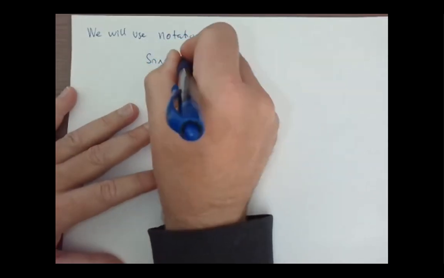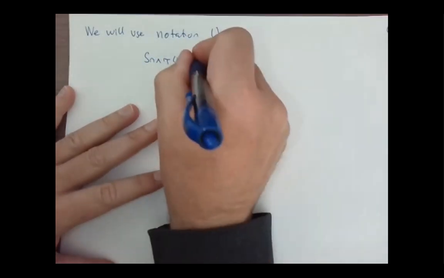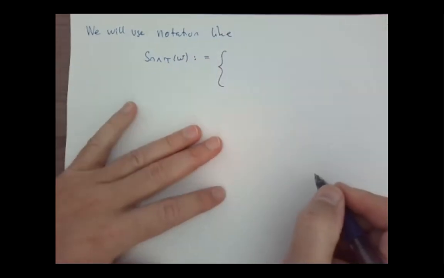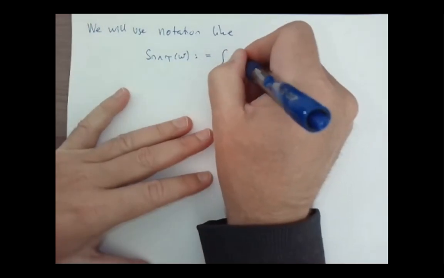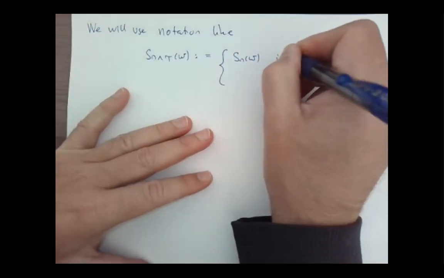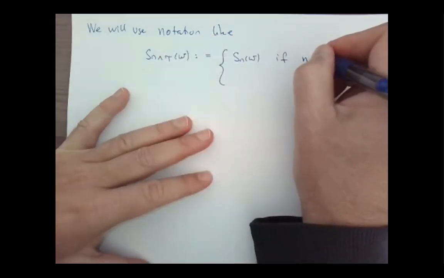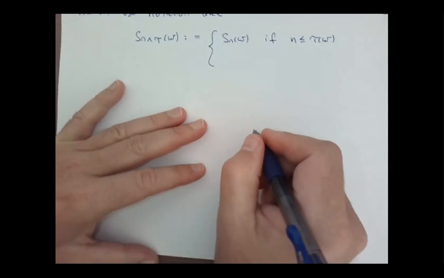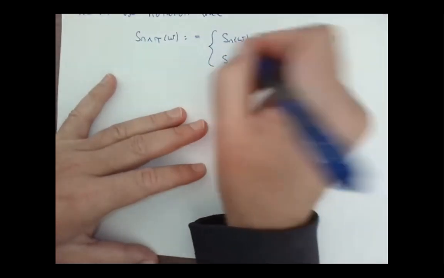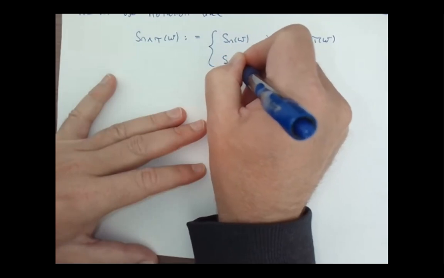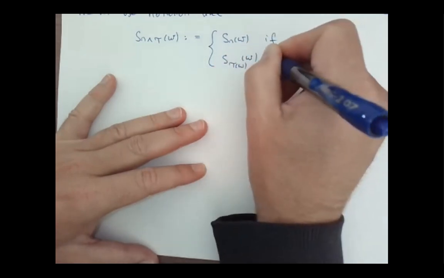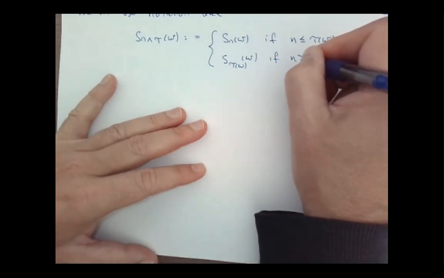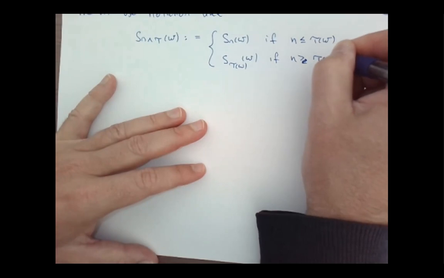How is the random variable defined? Well, it's going to be equal to Sn of omega if n is less than or equal to tau of omega, and then it's going to be equal to S tau of omega if n is bigger than tau of omega.